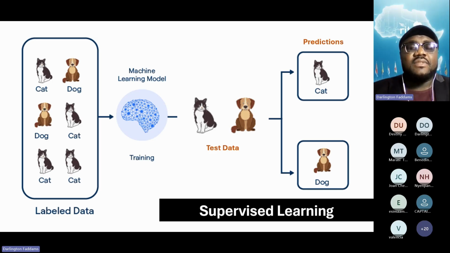Whoever heard me should type it in the chat. Under supervised learning, we call this classification. Thank you, Marasi. So in machine learning, you are going to start hearing the term classification. Classification means grouping in supervised learning.